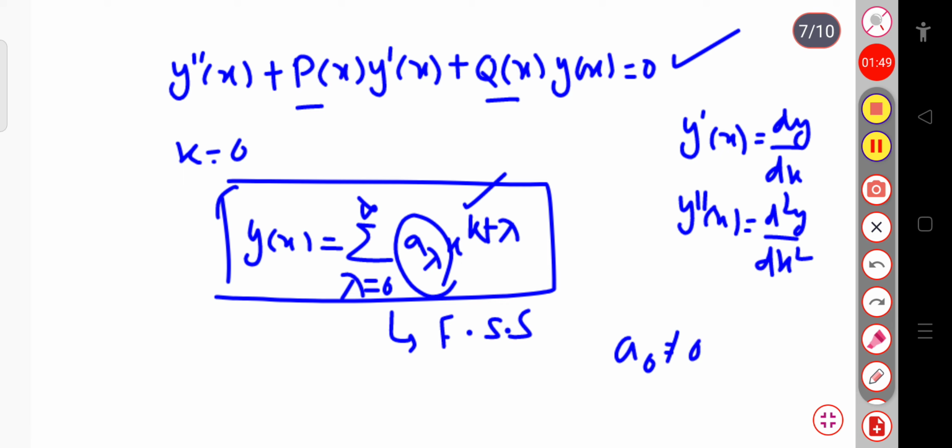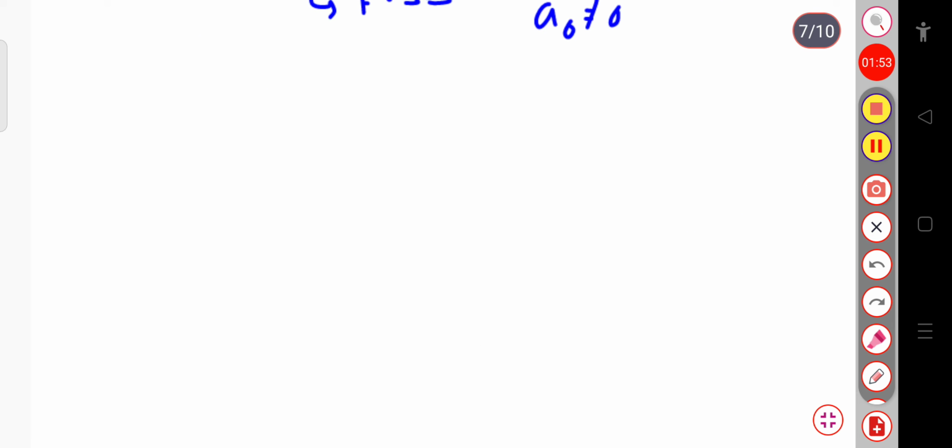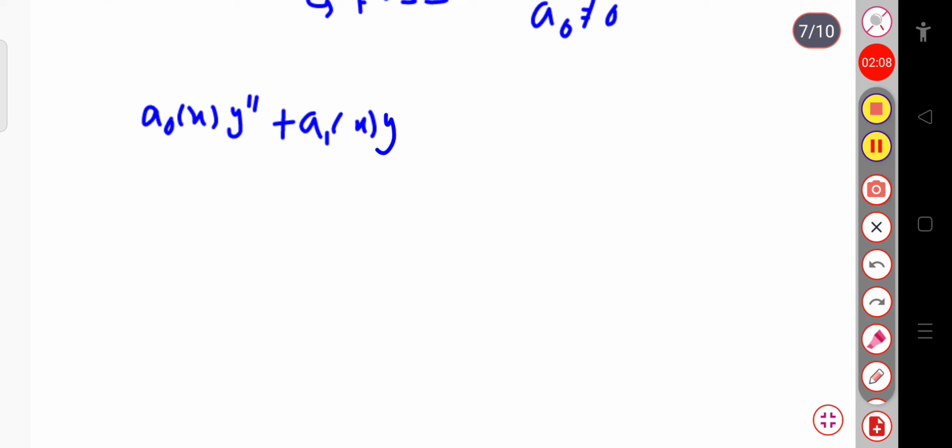I hope you can remember this differential equation that I have written here. We can write the equation in the form a naught of x y double prime plus a1 of x into y prime plus a2 y equal to 0.